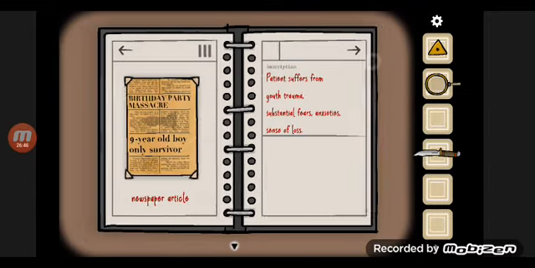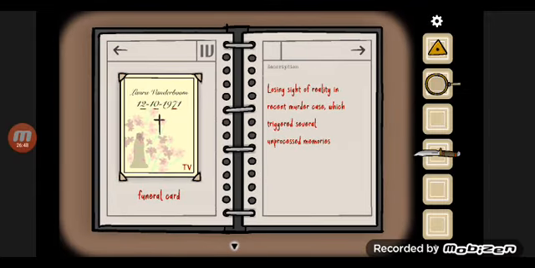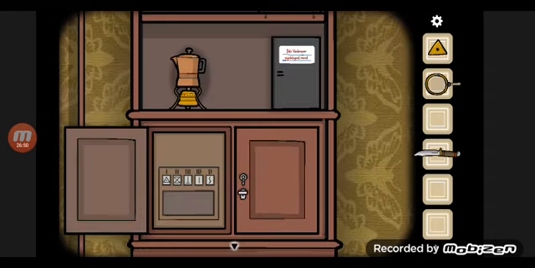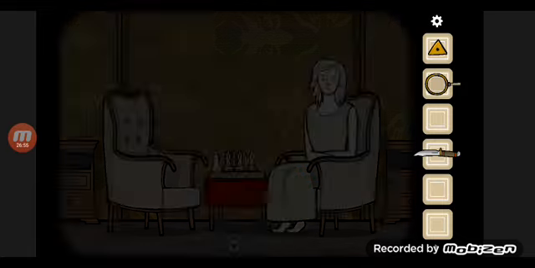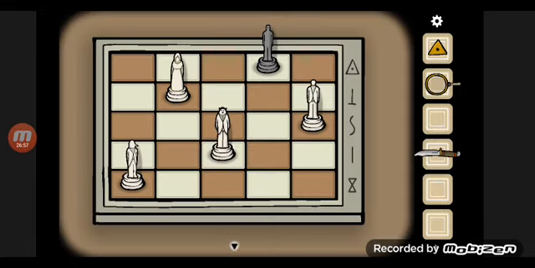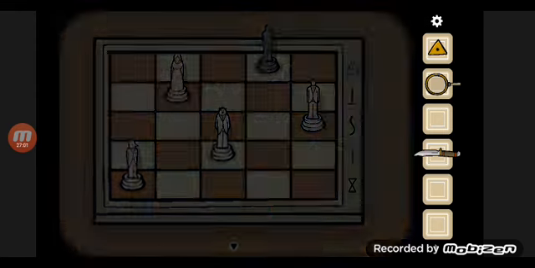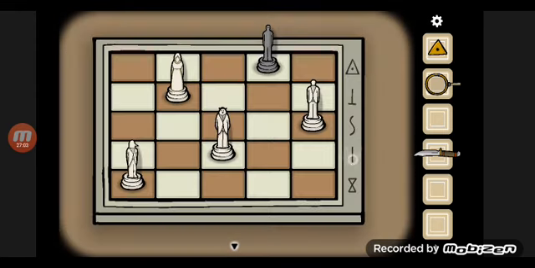Now the fourth symbol is the symbol near the owl statue. So it's this symbol.